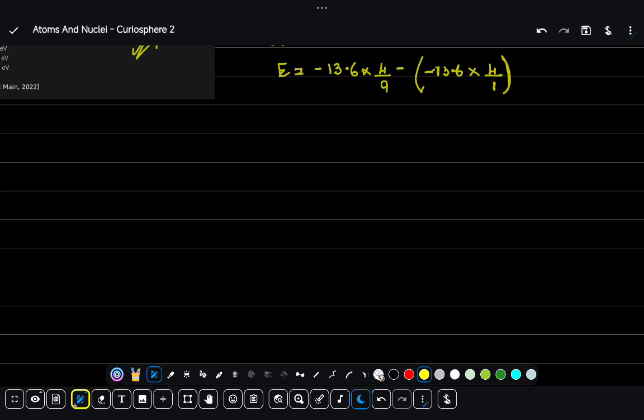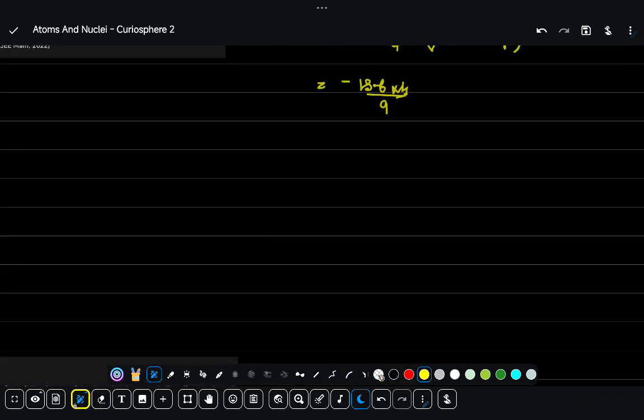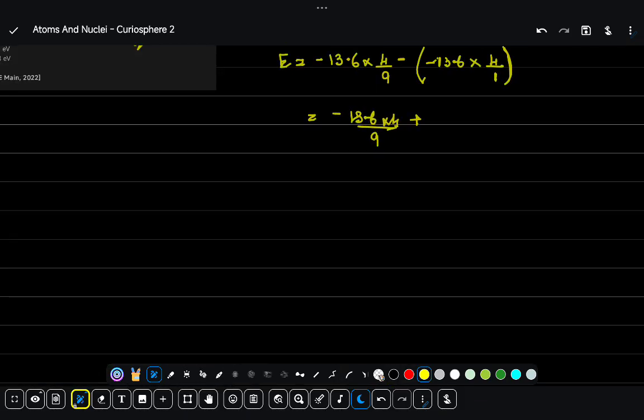Right, now adding all this: minus 13.6 into 4 by 9 plus 13.6 into 4. Minus into minus becomes plus. 13.6 into 4.